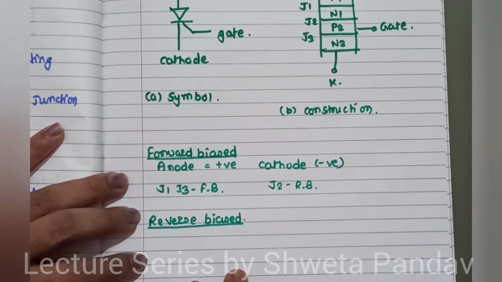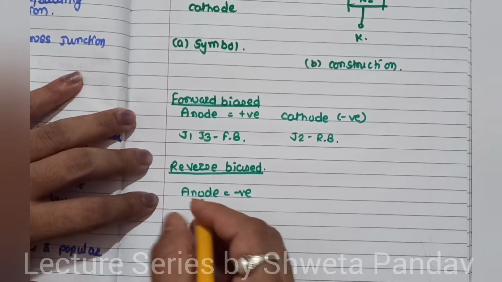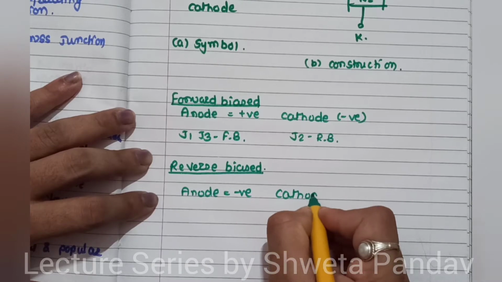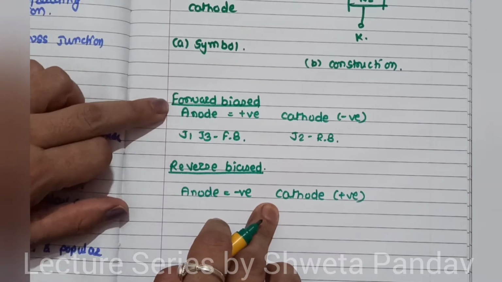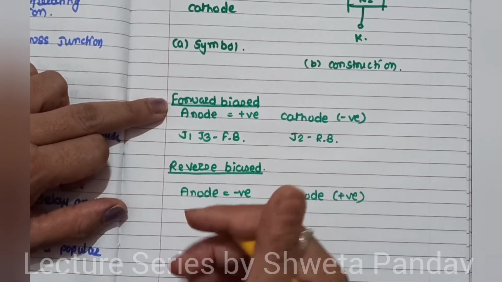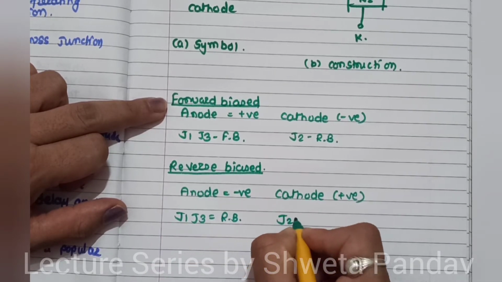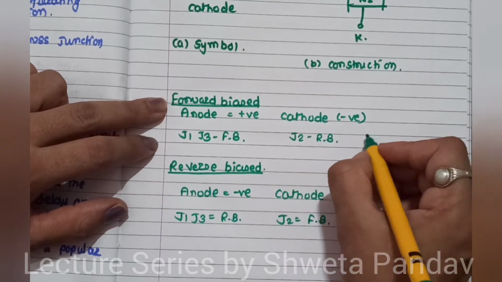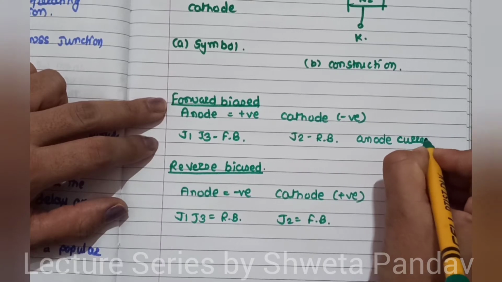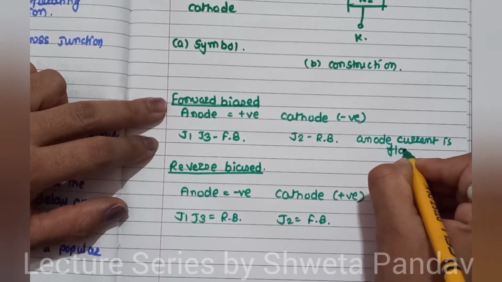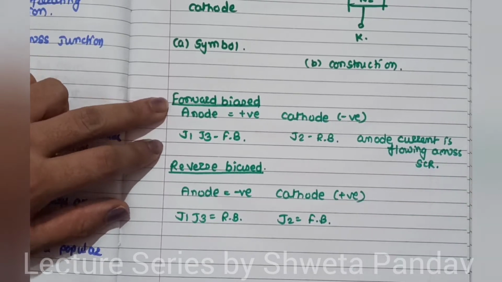What is meant by reverse bias? During reverse bias, the anode is negative, the cathode is positive, and the junction conditions are opposite. In forward bias mode, J1 and J3 are forward biased. In reverse bias mode, J1 and J3 junctions are reverse biased and J2 junction is forward biased. During forward bias, the anode current flows across the SCR.